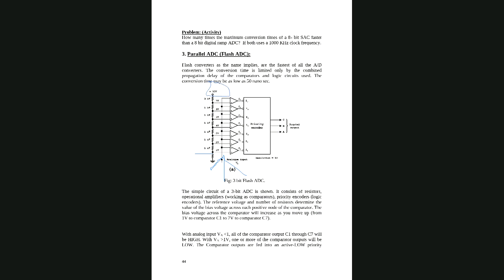Based on that, I will simply find out all the positive terminals, and they will be fixed. So we have 1 volt, 2 volt, 3 volt, 4 volt, 5 volt, 6 volt, 7 volt, and then finally we have 3 kilo ohm resistor, so 10 volt.